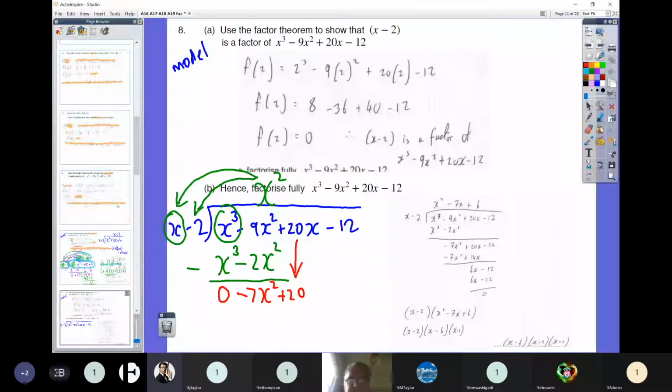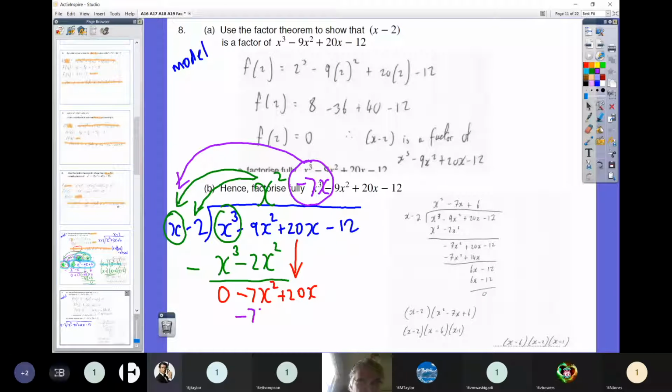We then bring down the plus 20x. And we start again. Okay, we say to ourselves, what times x gives us minus 7x squared? And that is minus 7x. So minus 7x times x is minus 7x squared.